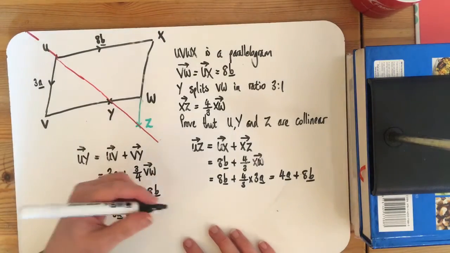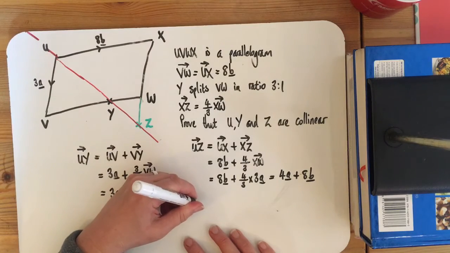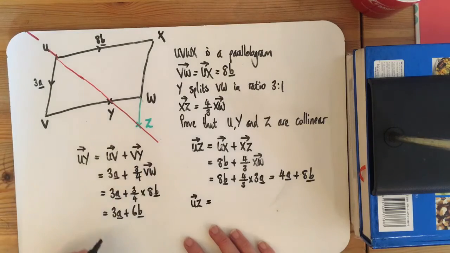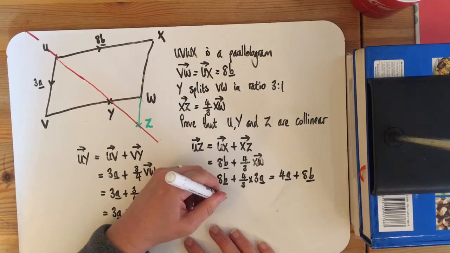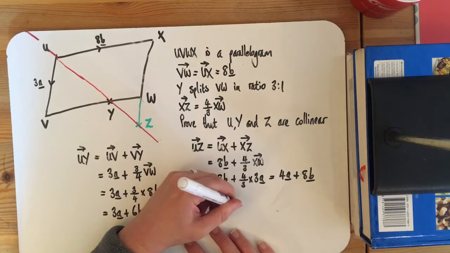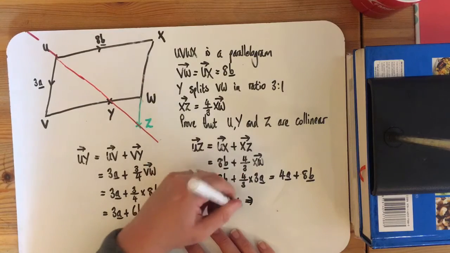So UZ is equal to UY divided by 3 and multiplied by 4. So it's equal to 4 over 3 UY. So that's how you show two vectors are parallel.